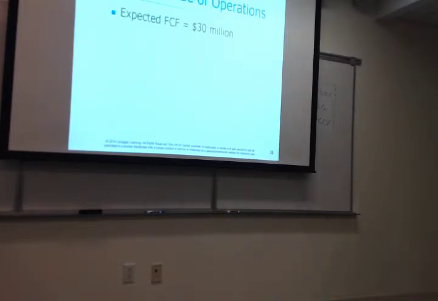Current value of operations. So let's suppose this firm has a free cash flow of $30 million a year. So assume the firm does not expect growth. It's just going to be a steady $30 million forever for purposes of this example. Now, does anyone remember that perpetuity formula we went over in class 1? Or if you have a stream of cash forever and ever, how do you value that?